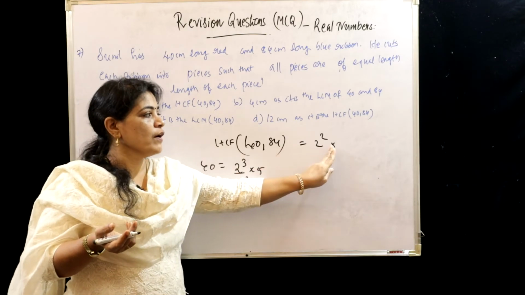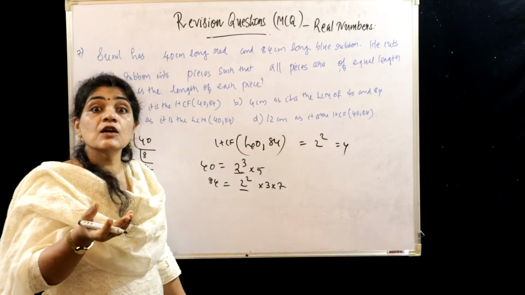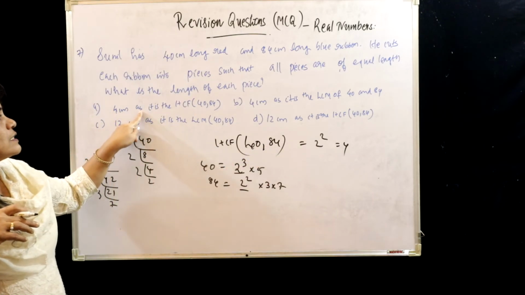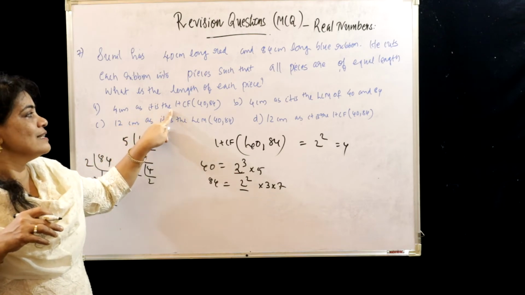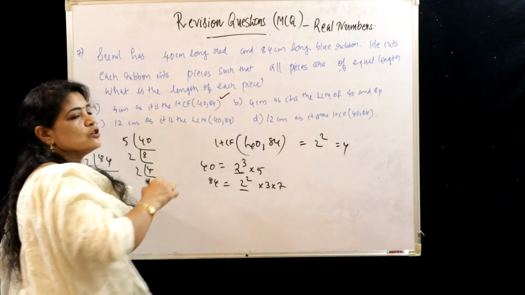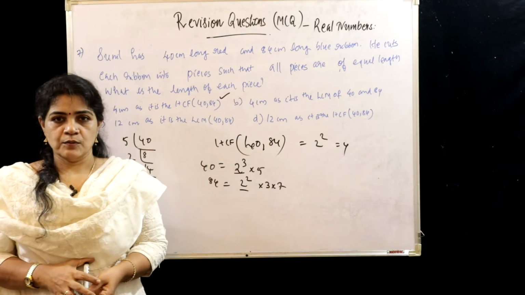So the only common factor is 2 square, that means 4. So the HCF of 40 and 84 is 4 centimeter, and the correct option is the first option. Understood? This is also a very important problem.